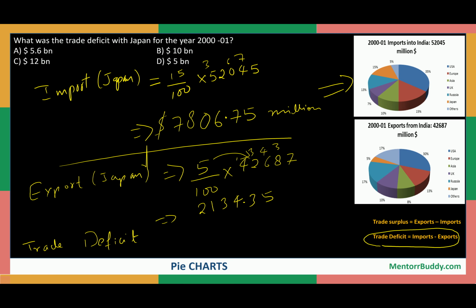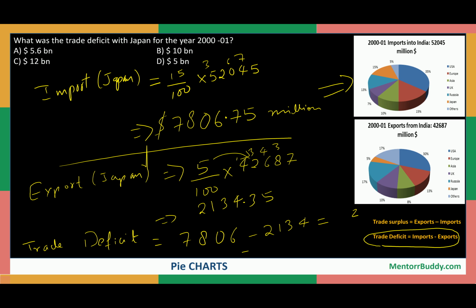Trade deficit will be equivalent to import when export is subtracted from import, right? So the value of import is 7806, and we are calculating approximately, right? And the value of export is 2134. Clear? So we need to subtract it. So how much will we get? Finally, you can write it here: 6 minus 4 is 2, right?